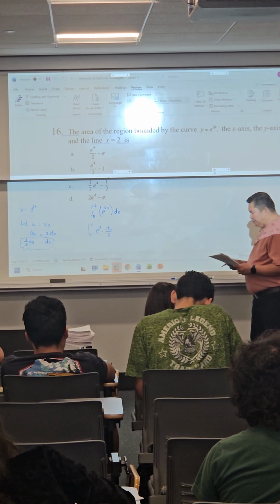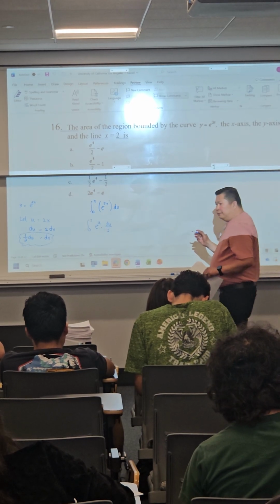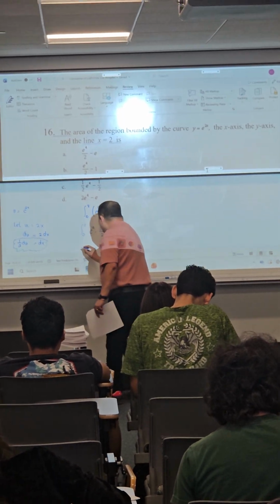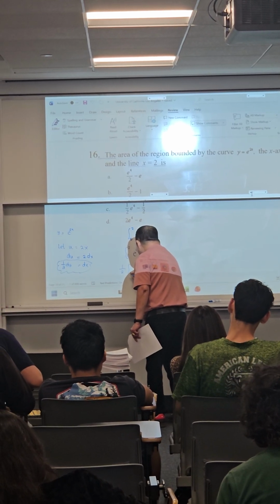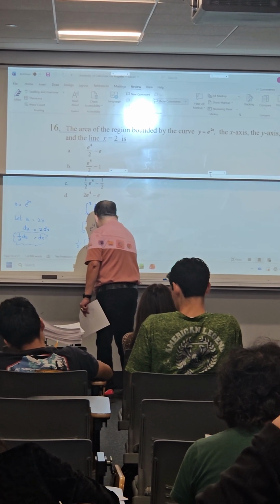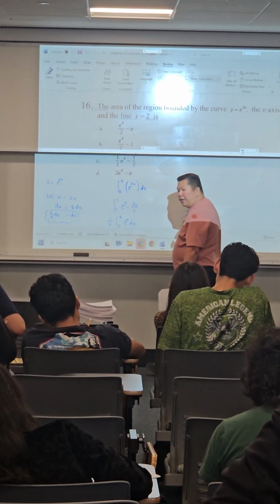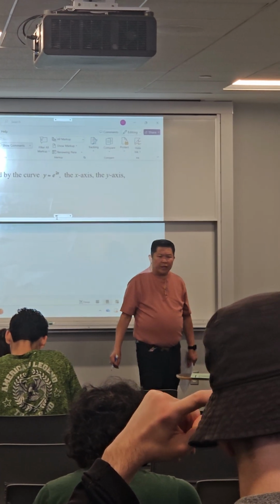Can you follow? Next, we're going to move 1/2 before the integral sign, from 0 to 2, and then e to the power of u du, and take now the antiderivative. Feel free to ask questions, guys, please.